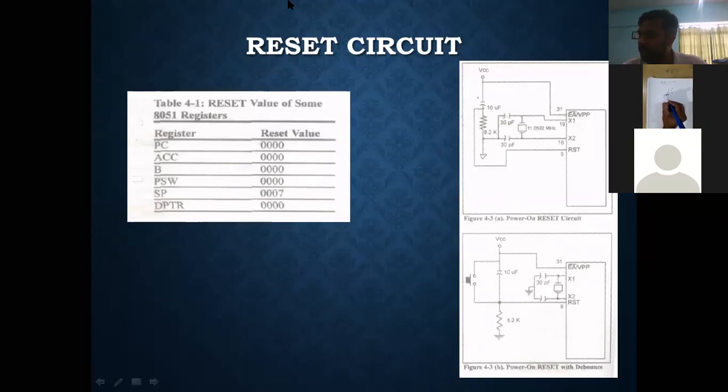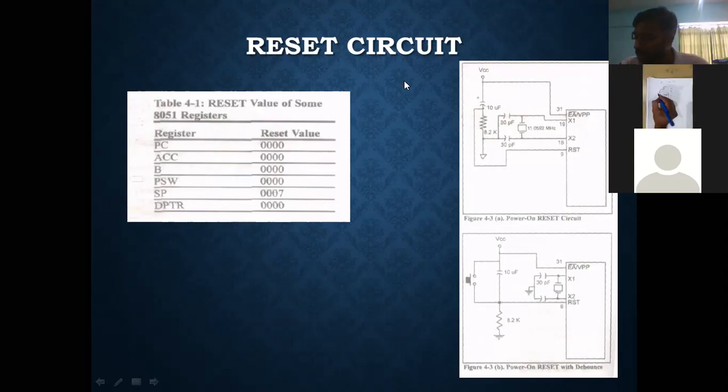Clear? Now again a capacitor will be there, and in parallel a switch will be there, and from here plus 5 volt will be given. Clear?